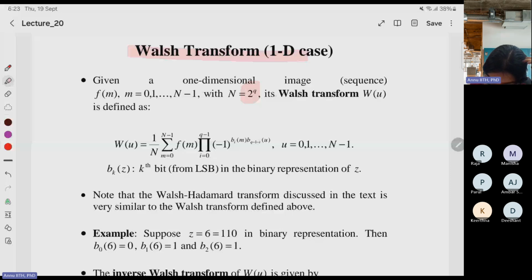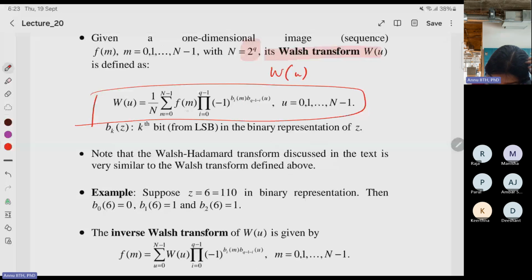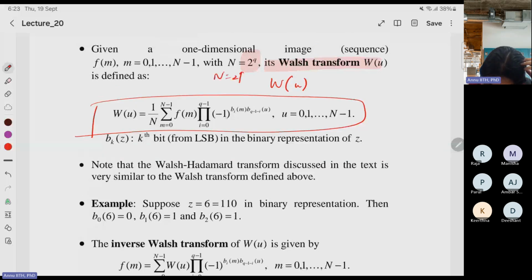like this. So what does this mean? We are multiplying each coefficient of f of m, and it will sum. First of all, it will multiply with minus 1 to the power, since n is equal to 2 power q. It will go from 0 to q minus 1 since it is discrete.